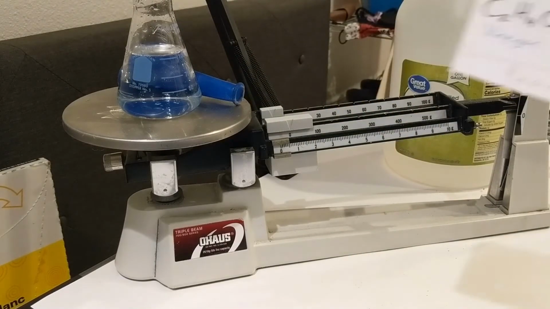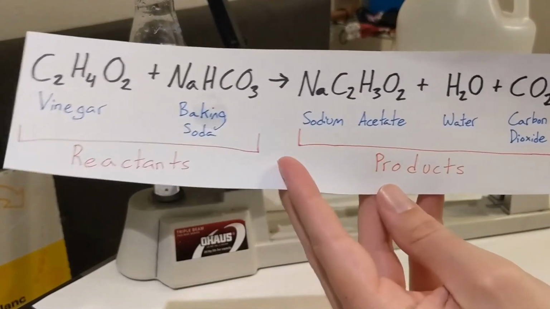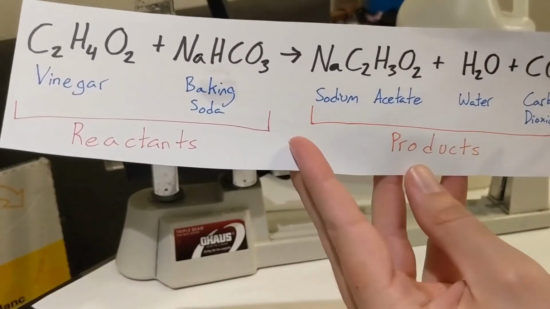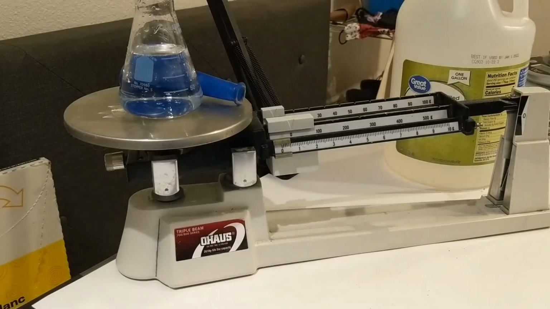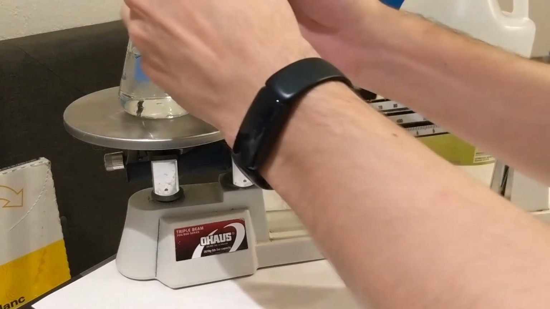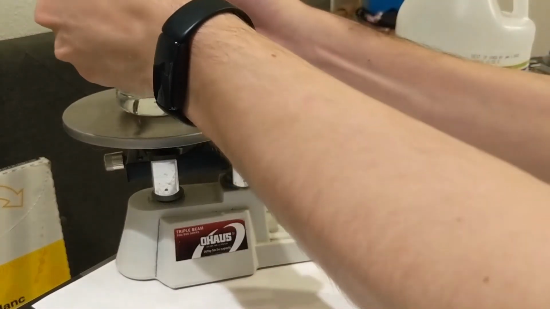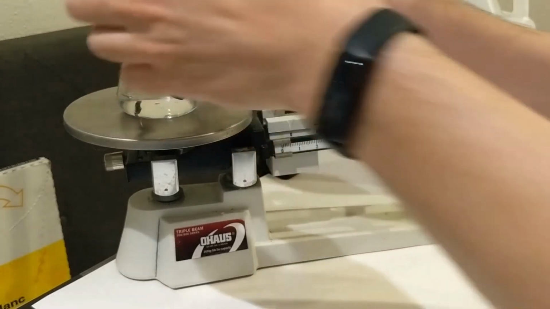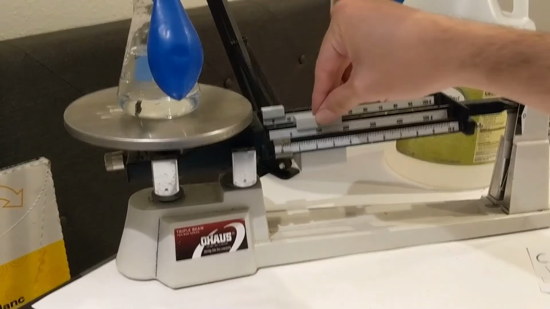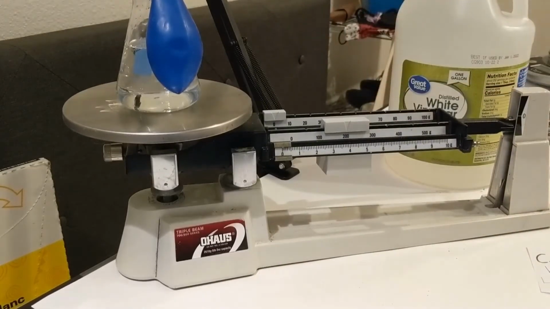And those are our reactants. What they're going to make are sodium acetate, water, and carbon dioxide. So when I add them together, we'll see a reaction, and we'll see a lot of carbon dioxide forming. First thing I'm going to do is measure the mass of these together. So let's see.